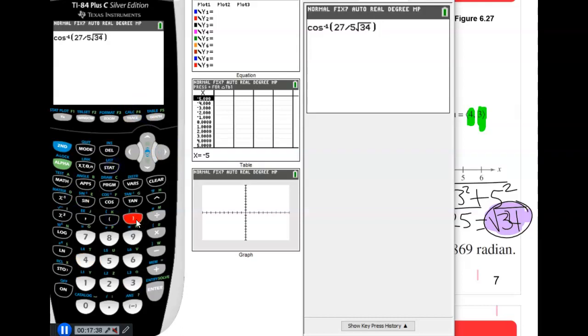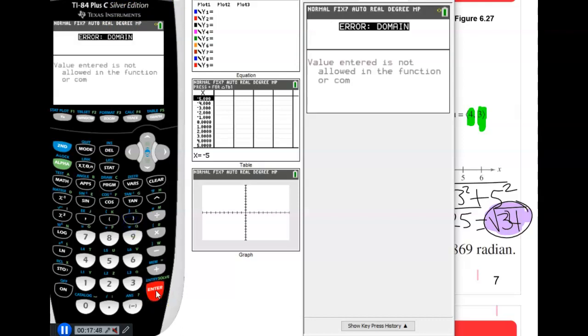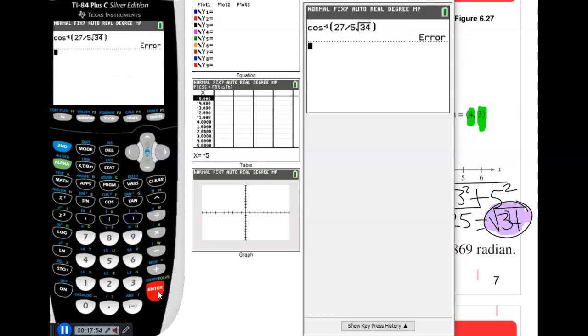And as you can see on my screen, the calculator is set in degrees. And so let's actually see what we got in degrees. Okay, and so I got an error. I'm not sure why. So let's go back and try to calculate this in radians. I don't know if that is the problem. Maybe I entered it wrong.